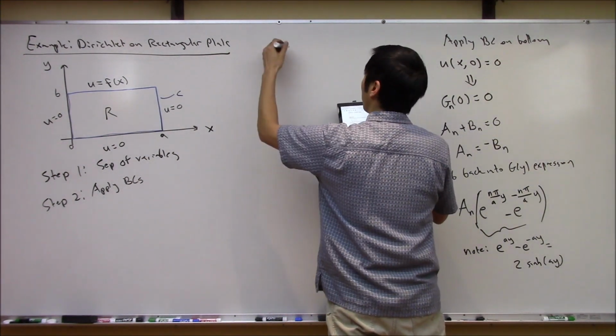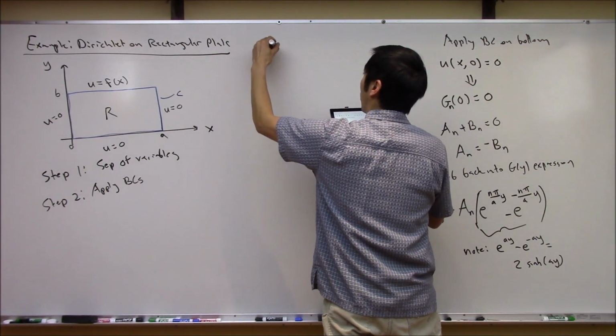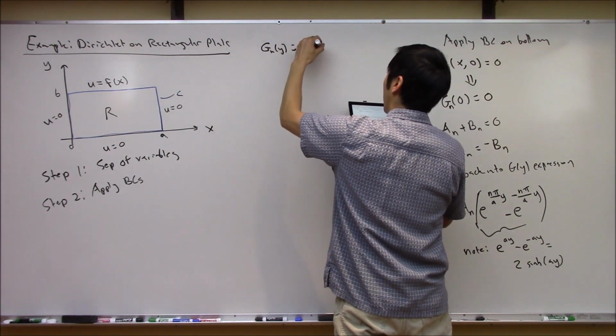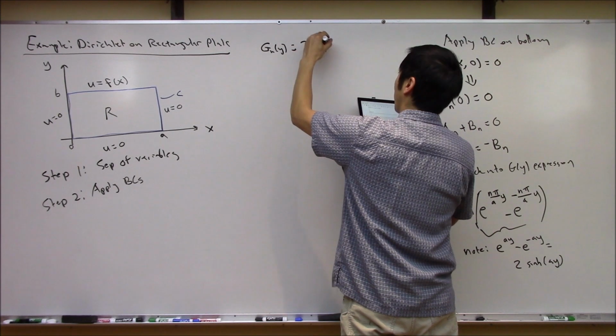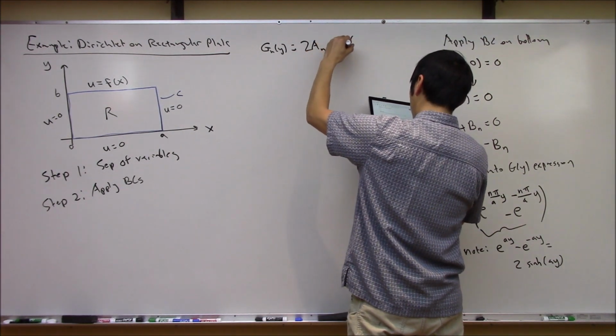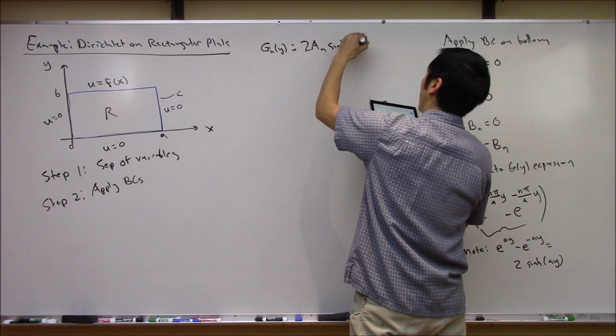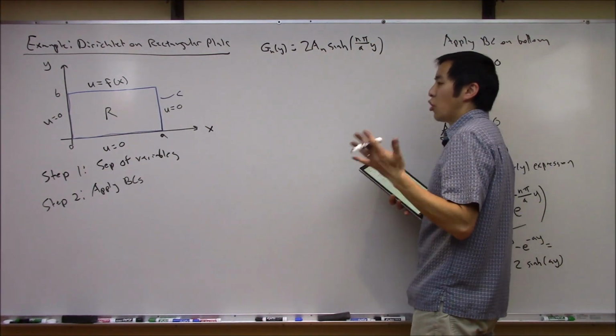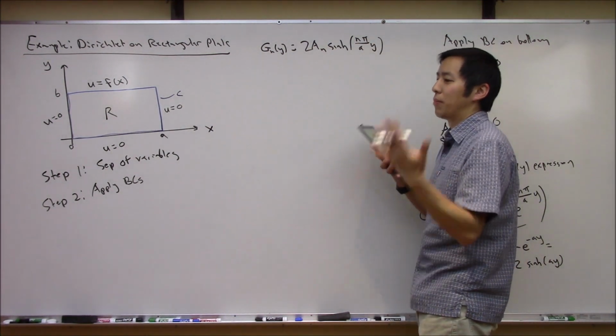So this is now our g_n of y is equal to 2 times a_n times hyperbolic sine of n pi over a y. Okay, and again, let's look at this coefficient here, 2a_n. It's the same thing, it's just some other arbitrary constant.